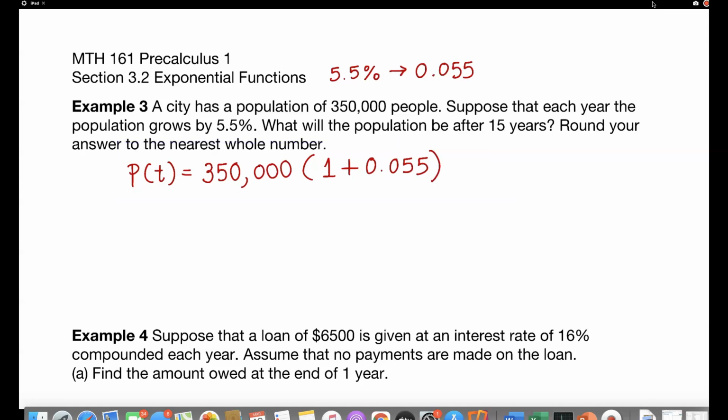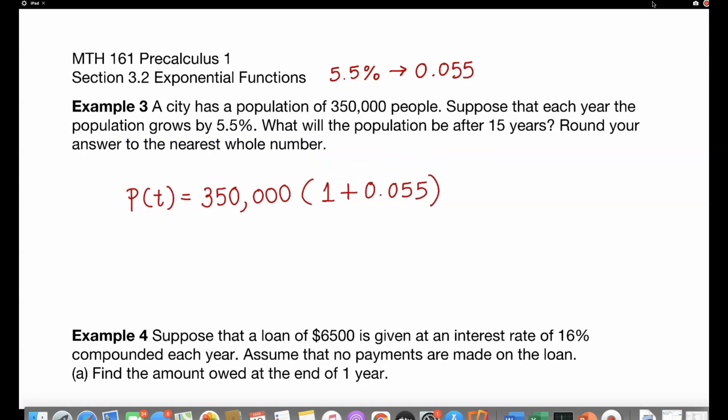But didn't they give us the t here? They asked this question. What will the population be after 15 years? Because it is 15 years, I will raise this growth factor to the 15th power. So in fact, I didn't really find P of t.